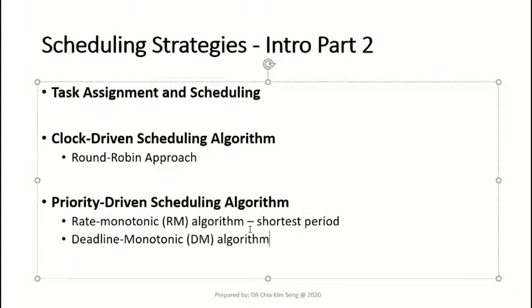While the deadline monotonic is based on the deadline. Again, the shortest the deadline, the higher the priority. So these are basically the algorithms they are focused on.